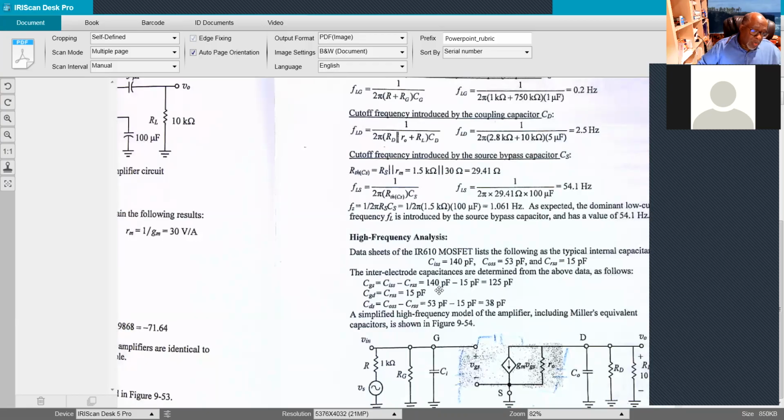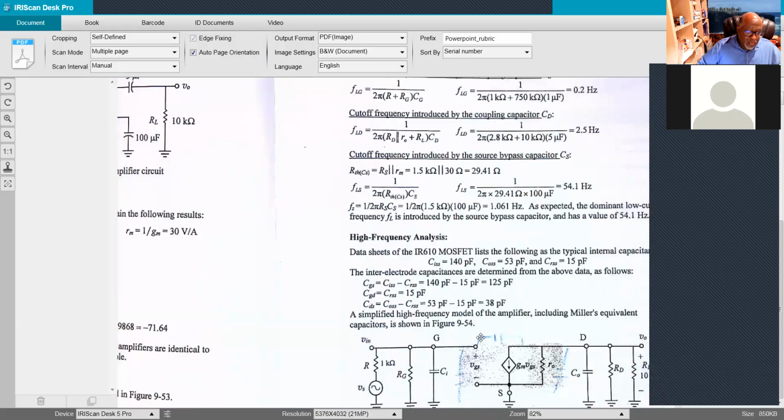Although the book here says 135, the data sheet I was looking at says 130. So it'll be about 125 to 130 picofarads for a gate to source, this capacitance here. For gate to drain, the capacitance across here is what they call CRSS, and it's just 15 picofarads.